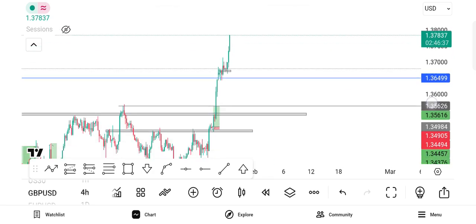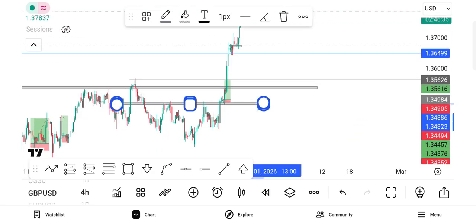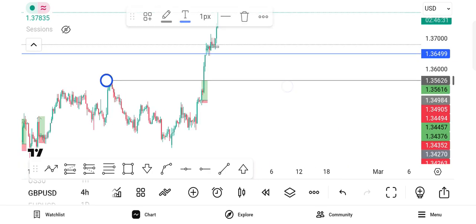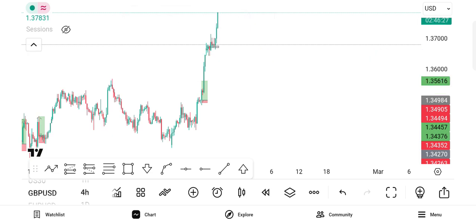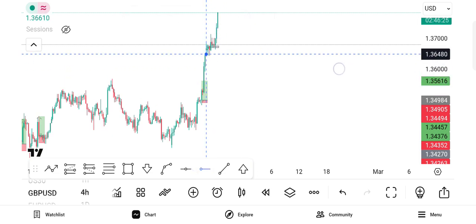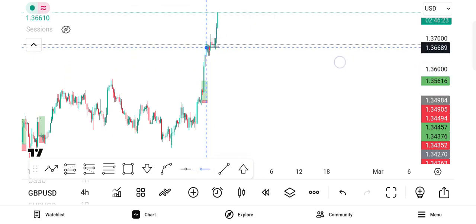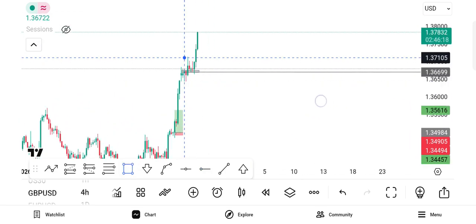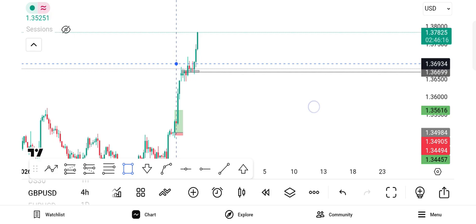Let me delete all this here because it is really long gone. Let me delete these two. These are my fresh new zones at this point here. I'll be expecting GBPUSD to come back to this level here.